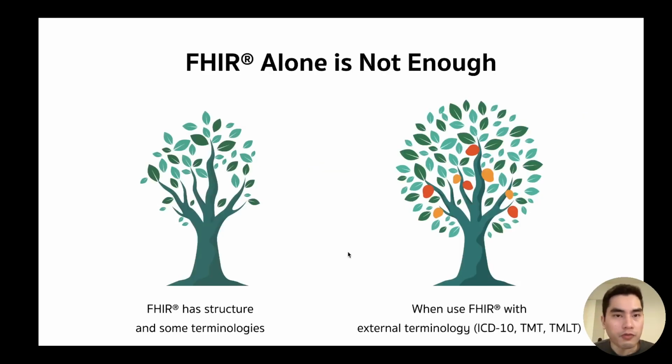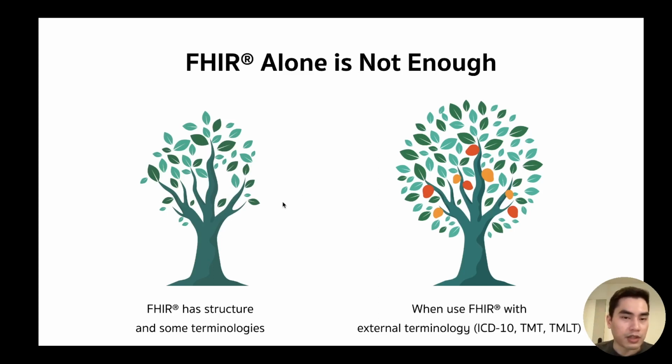Okay, even though FHIR is a good standard, FHIR is not a silver bullet for all problems. FHIR alone is not enough. Let's come back to this tree metaphor. FHIR has structure and some terminology, mainly in the administrative area.